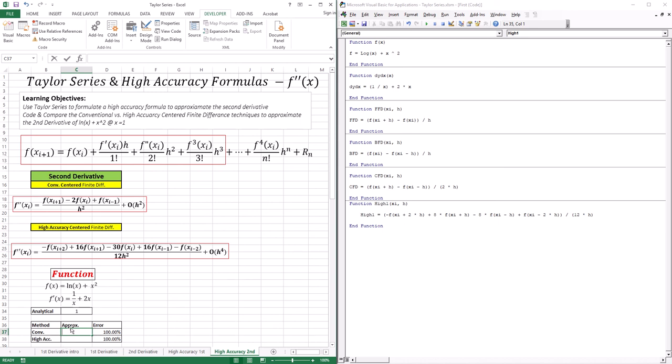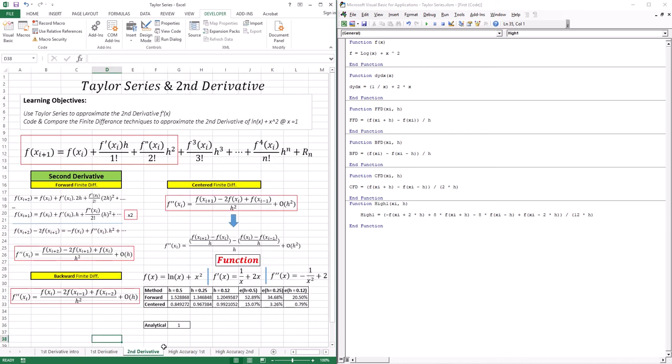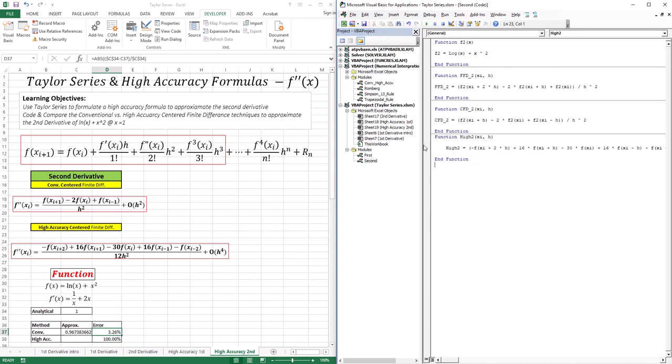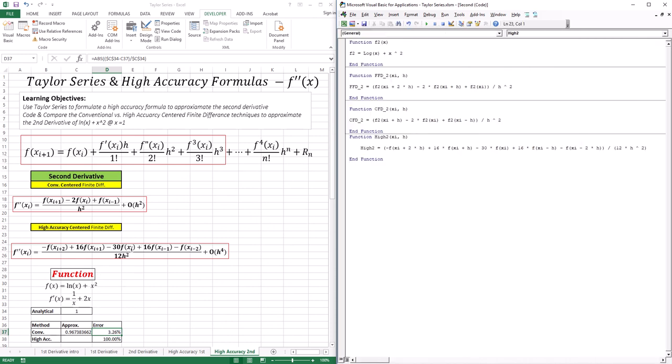So if I do a centered finite difference _2 for second derivative, and I have 1, 0.25, we have 3.26% error, and if I go to the second, it was in fact 3.26% error. And I already went ahead and coded in the function. It's a very simple function to code in here, very similar to what we did with the others. So I'm going to go ahead and call this, and I called it high 2.